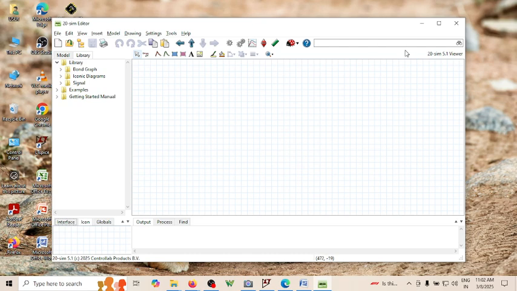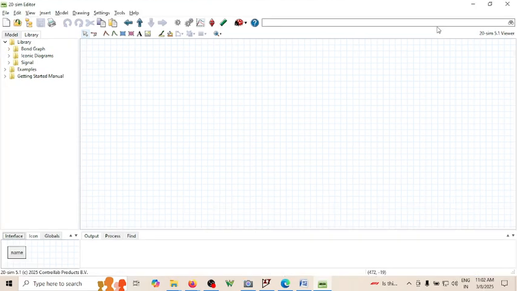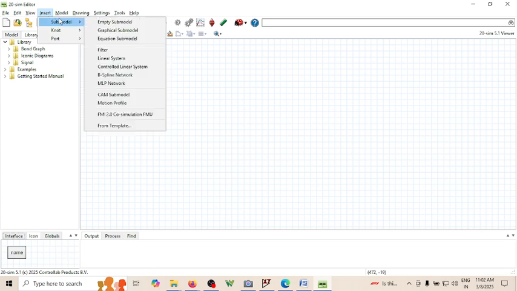Okay, this is the window, just have a look at it. I'll go to insert. I will insert a submodel which is a linear system, just to look at that system. This is open source; you may have to give your email ID and all those things.